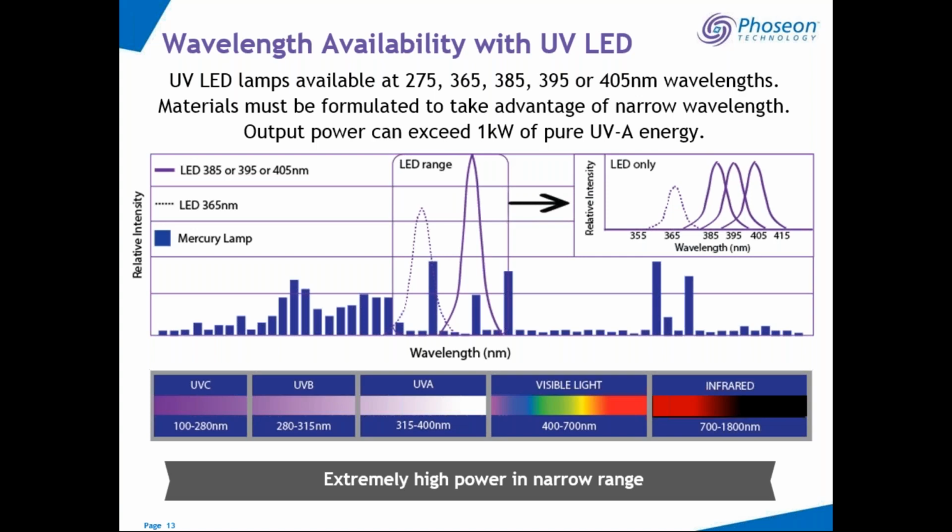What that means is that is the peak, the core focus of the light wavelength coming out of that LED. But it does have a bell curve, as we show in the middle here. If I'm on a 395 nanometer, we are reaching all the way from 365 up to 405, but the main focus of energy is at 395.